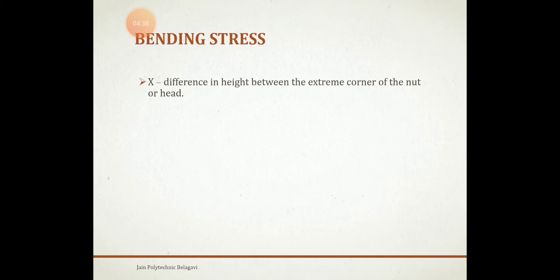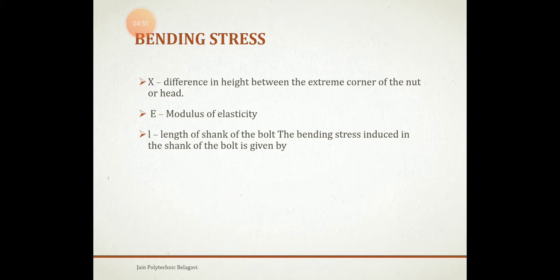Bending stresses: let x be the difference in the height between the extreme corners of the nut or the head. If E is the Young's modulus of elasticity and L is the length of the shank, then we can find the bending stress as xE divided by 2L. Remember that you have to remember all the formulas. They are available in the data handbook also, but it's better to remember them.